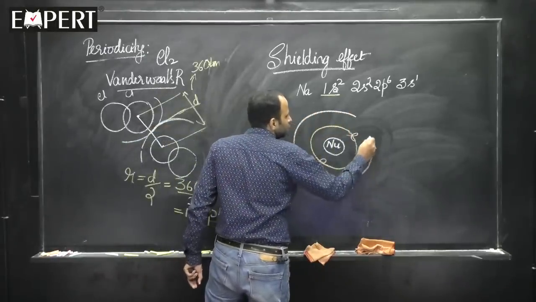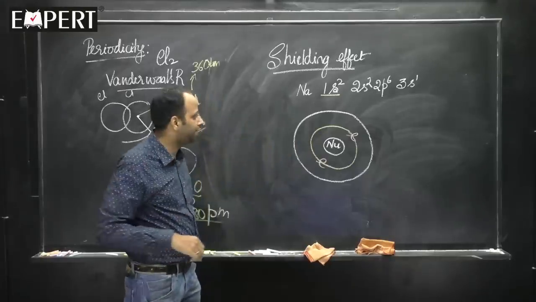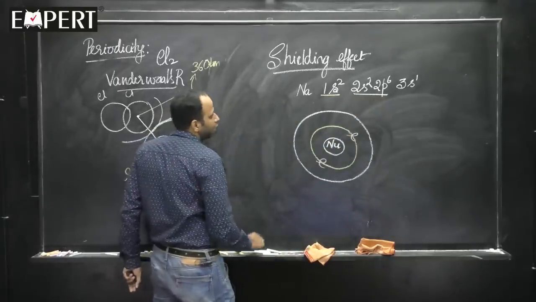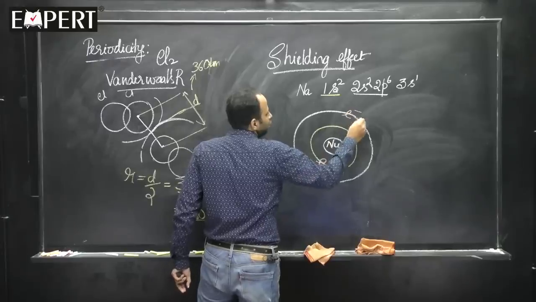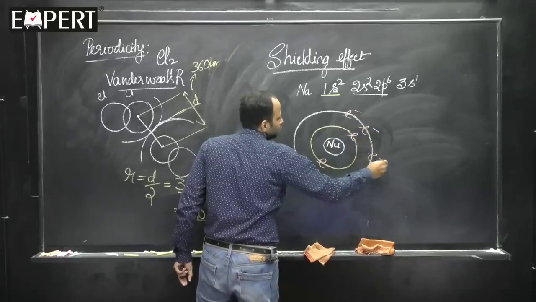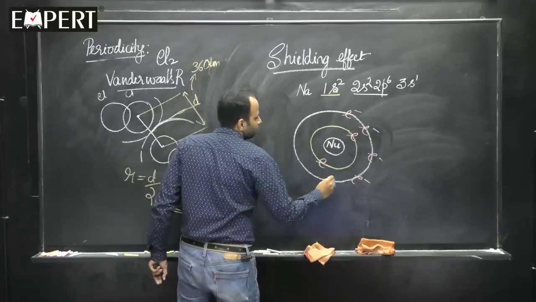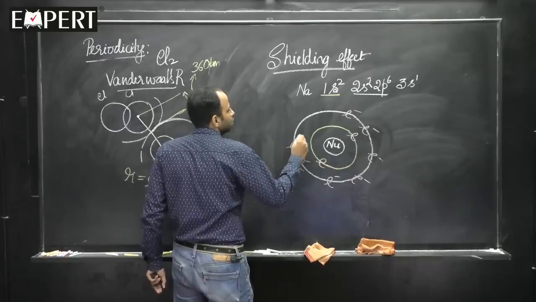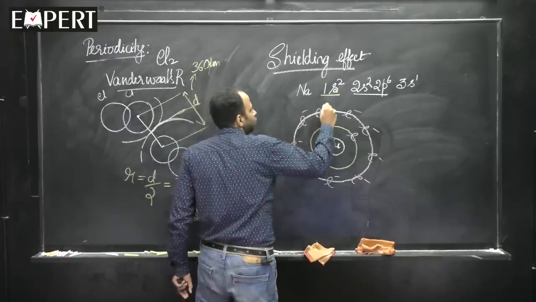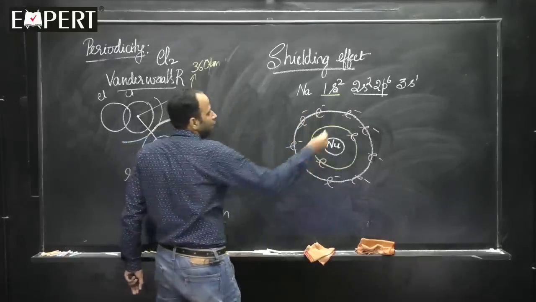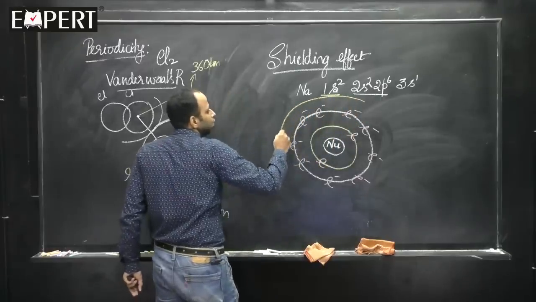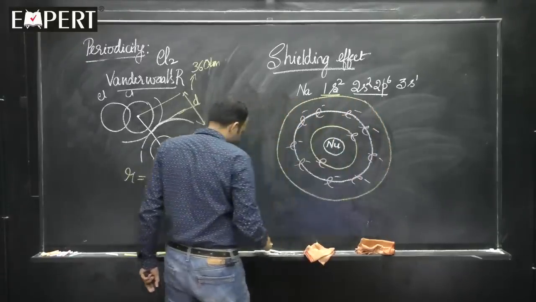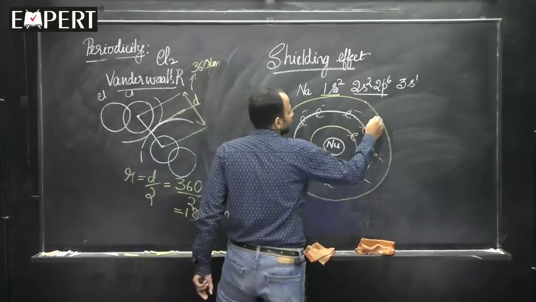Okay, do not worry about the shape. It is somewhere here in this region. So, what is the second shell? 2s2, 2p6. So, what do you have here? Electrons, how many electrons? Okay, so you have this one, and then finally you have one more electron here, 3s1.